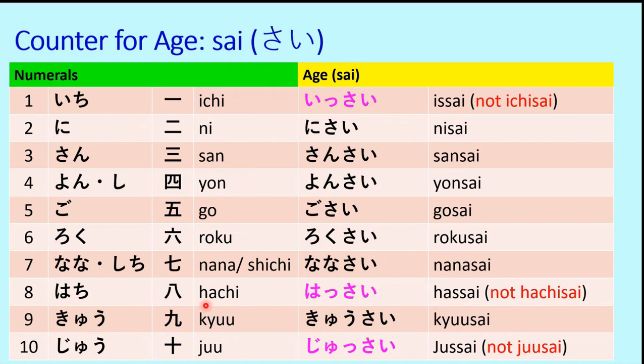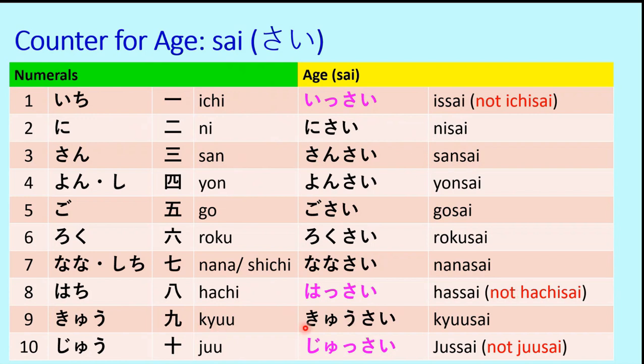And you might remember that 800 was not hachihyaku, it was happyaku. There also a similar double consonant usage was there. And similarly for 300 it was sambyaku. So there also this blending was there, but in the case of sai, that kind of modification is not there for san, but for hachi it is, happyaku, and here hassai.